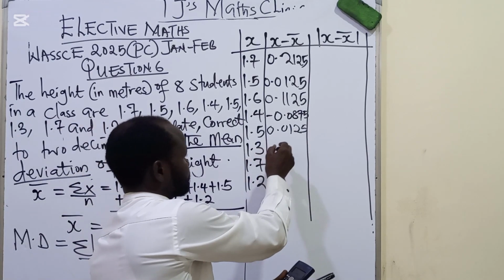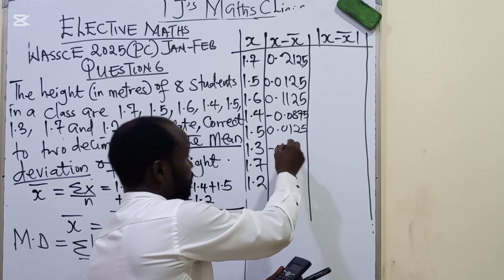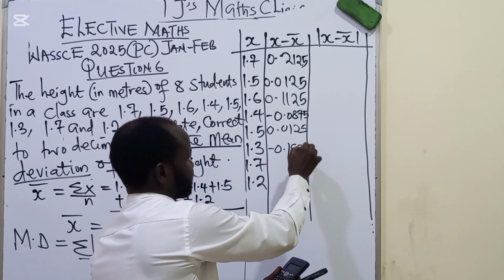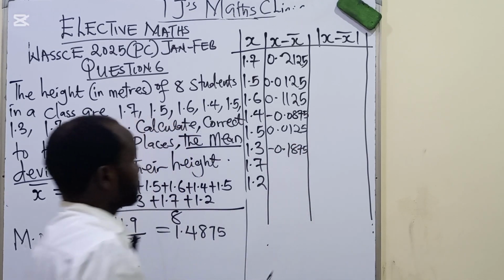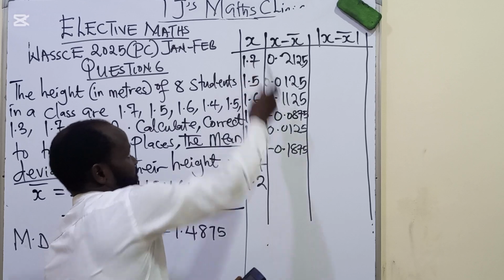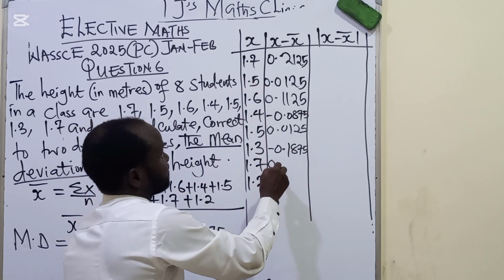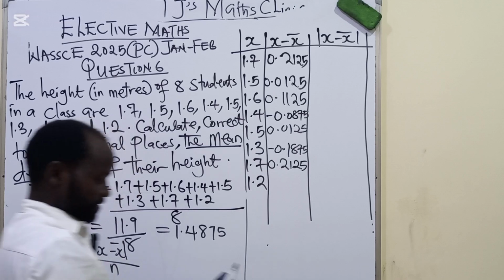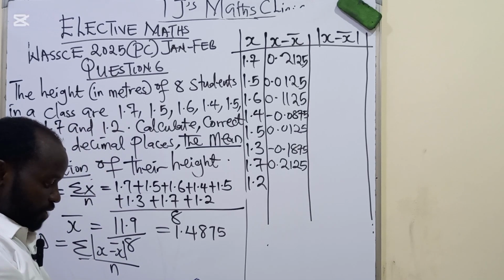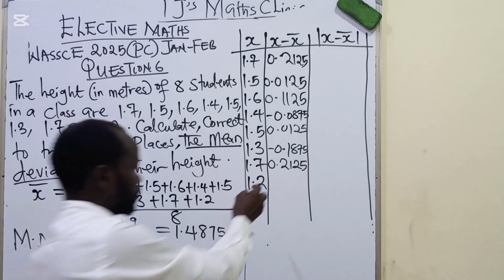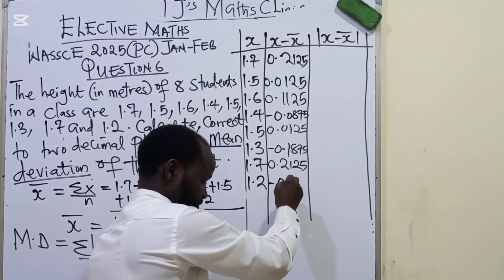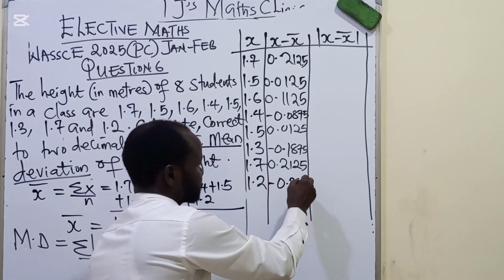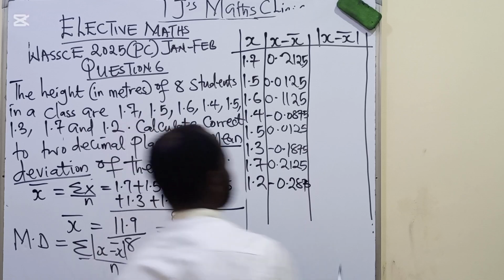We'll have minus 0.1875. Next, 1.7, we have 1.7 here, so the result will remain the same, 0.2125. Then, last but not least, 1.2 minus 1.4875. We'll have minus 0.2875. I hope we are together.